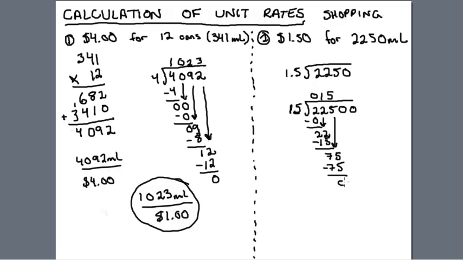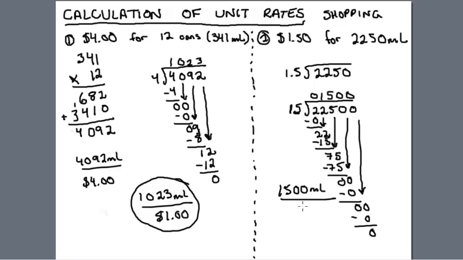Perfectly evenly. 15 goes into 0 0 times. And we bring down the last 0, and again 15 goes into 0 0 times. Nice and even. So that means we are getting 1,500 milliliters for every dollar in this case.